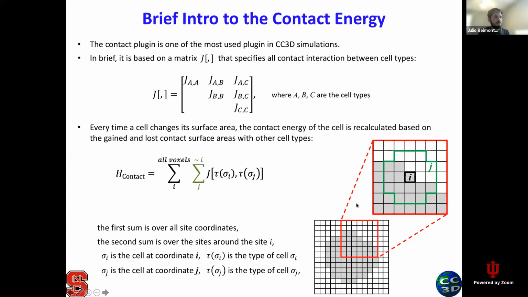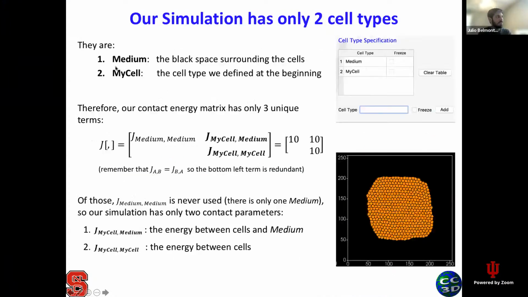Types, right? When you look at it, you have the medium, which is the black background behind your cells, and the cells of type my cell, okay? Because you only have two cell types, your contact energy matrix is only made of 3 numbers. You have, by definition, the contact energy between medium and medium, between my cell and medium, and between my cell and my cell.